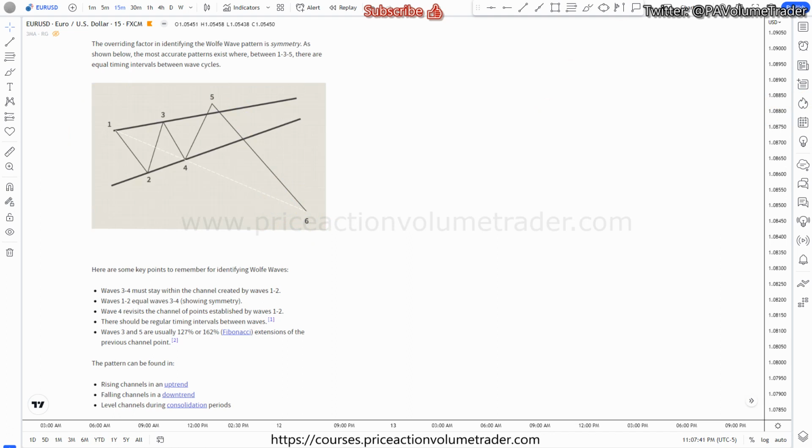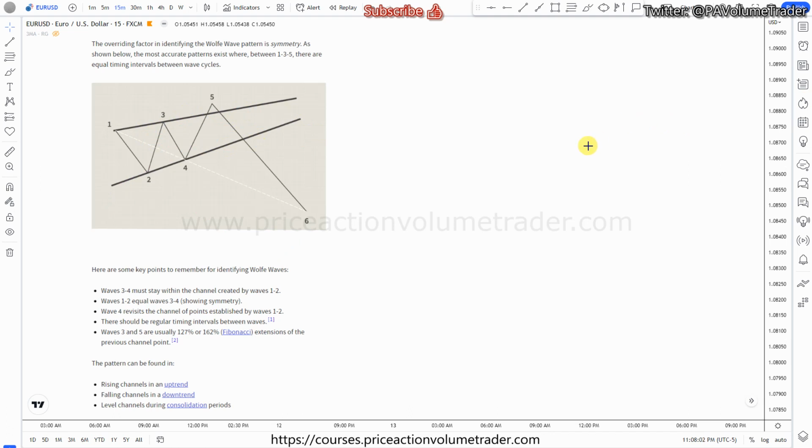This is a channeling pattern where we usually will see it in channels or rising wedges near the top of an uptrend, or channels or falling wedges at the bottom of a trend. So this is a reversal pattern.